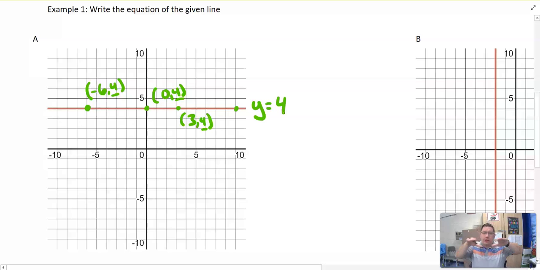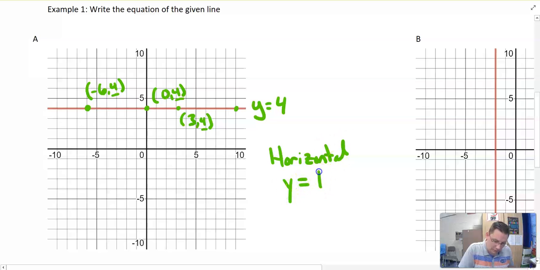Any horizontal line is going to be y equals the number, the number being the y-intercept. So the y-intercept here was at 0, 4, and so y equals 4.